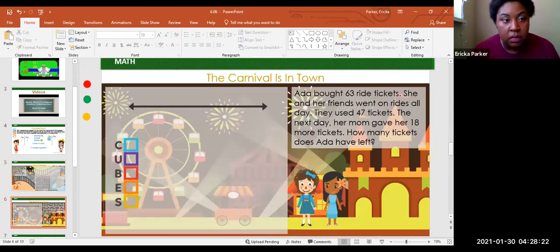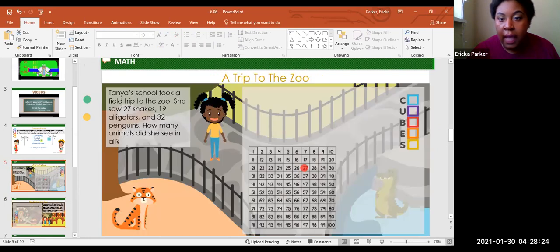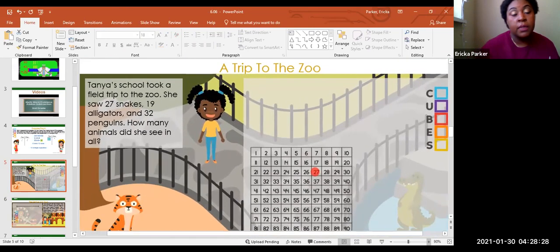There are 27 snakes, 19 alligators, and 32 penguins at this zoo.